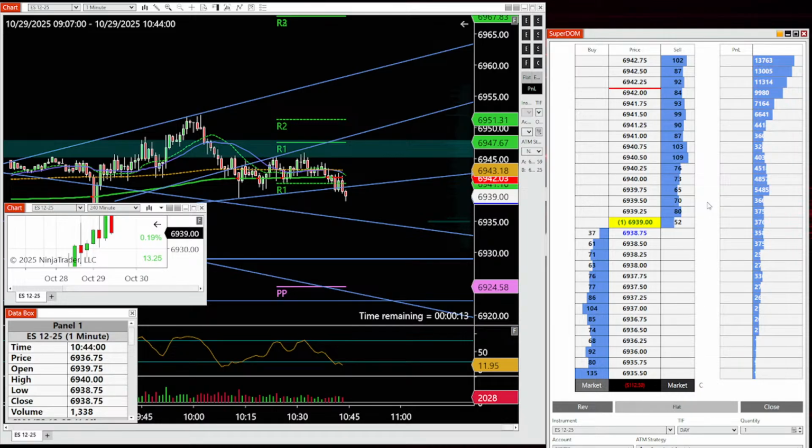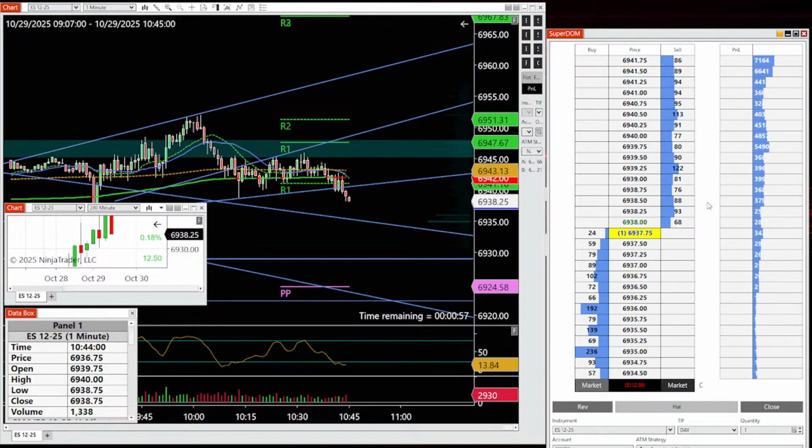We got support down here. I don't want to be the one chasing this break. Doesn't look like it's going to be a clean one, if it is, at all.